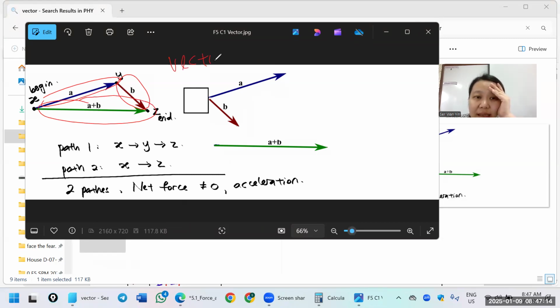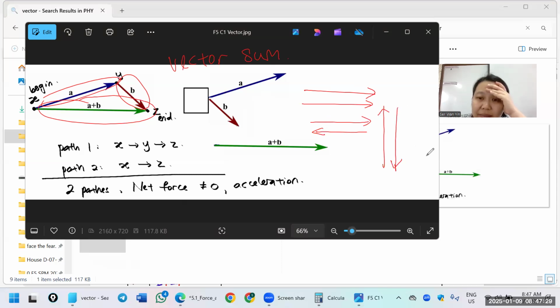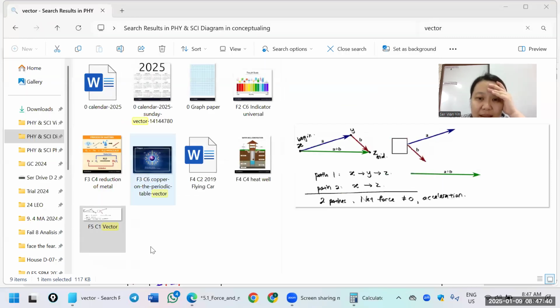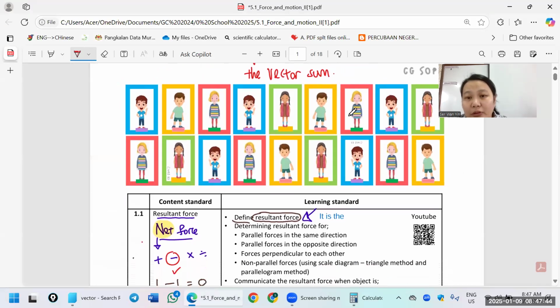Okay, vector sum means when they are not in the same direction, like both are horizontal, or one to the left and one to the right, or like this. When they are not in the same direction, we can still sum them up by using vectors. So we say vector sum of two or more forces.